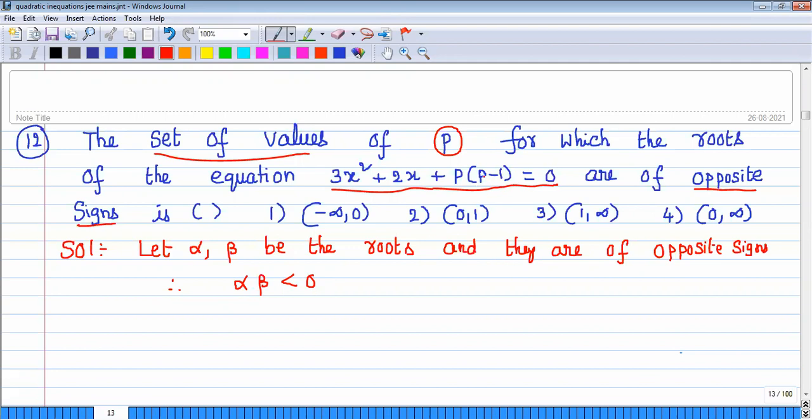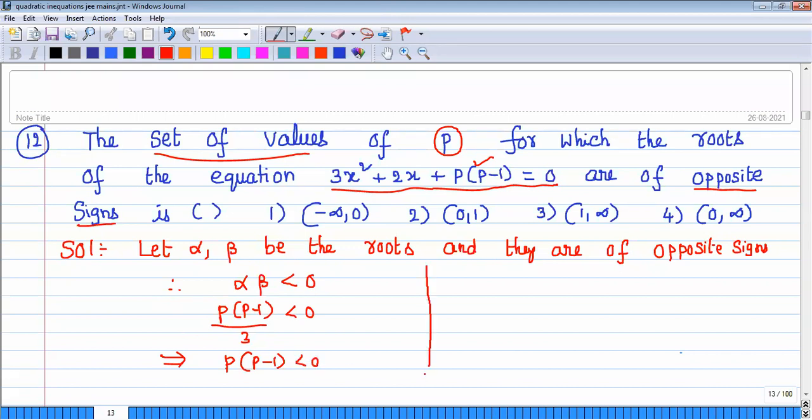What is alpha beta? It is the constant term divided by the coefficient of x square. So p times p minus 1 upon 3 is less than 0. Since 3 is positive, multiply 3 on both sides, no problem, the sign will not change. p into p minus 1 is less than 0.